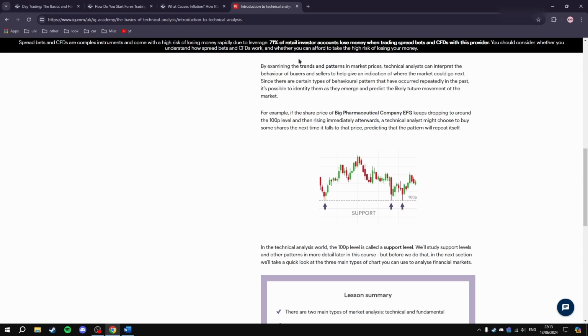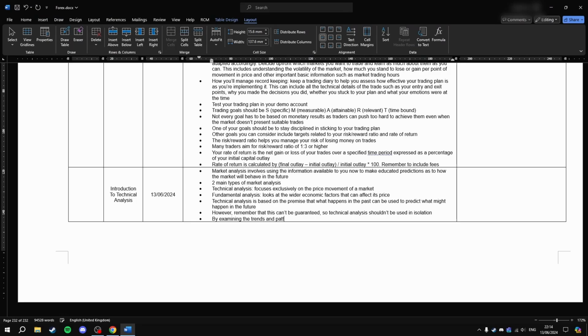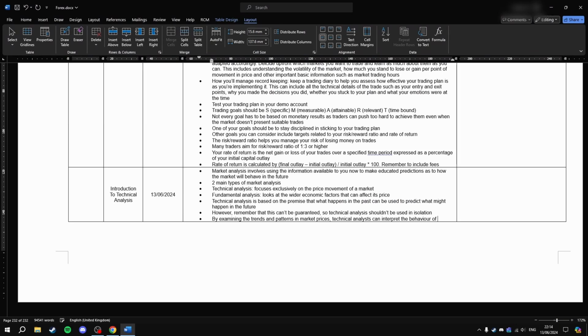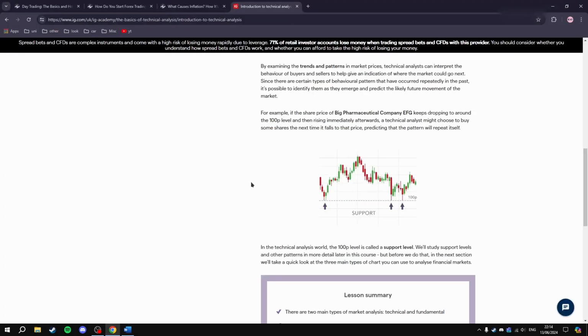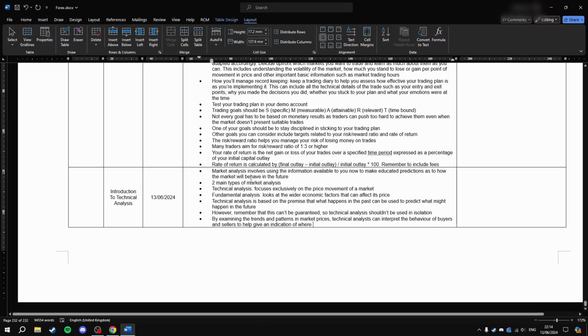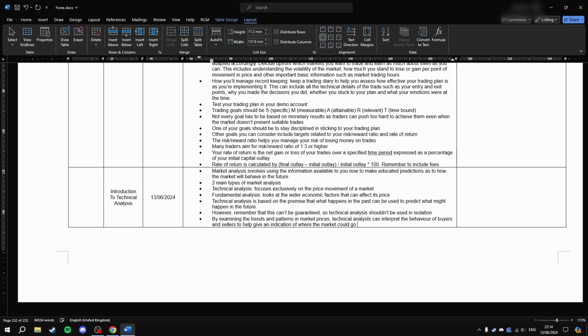By examining the trends and patterns in market prices, technical analysts can interpret the behavior of buyers and sellers to help give an indication of where the market could go next.